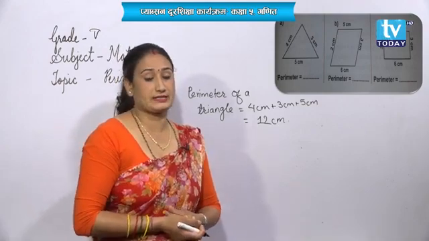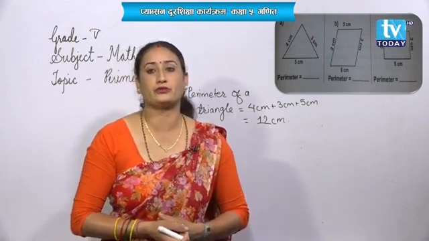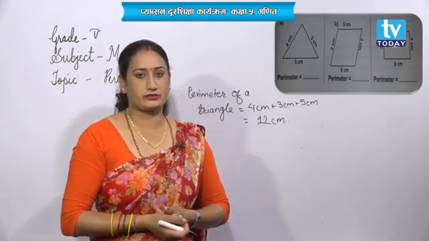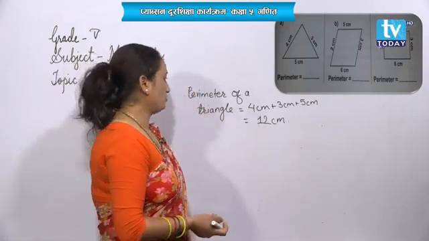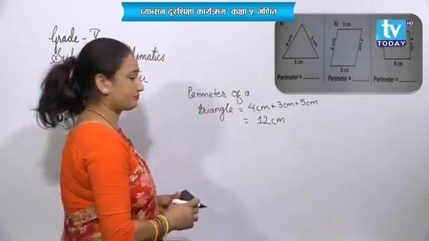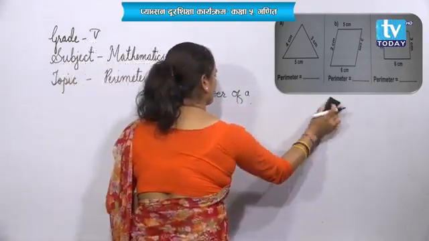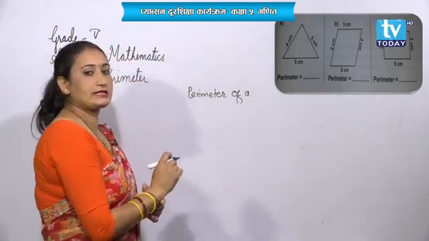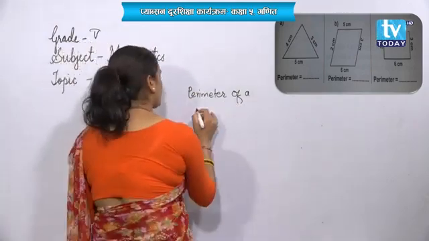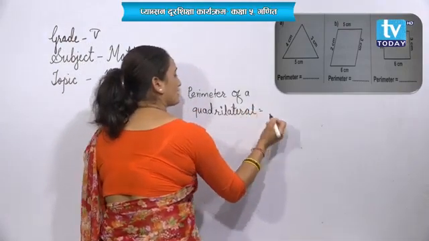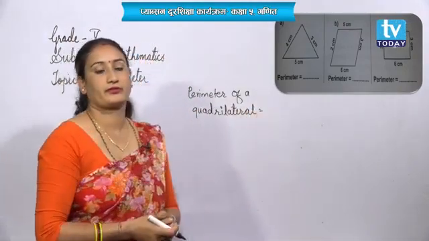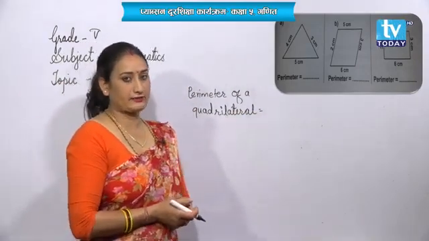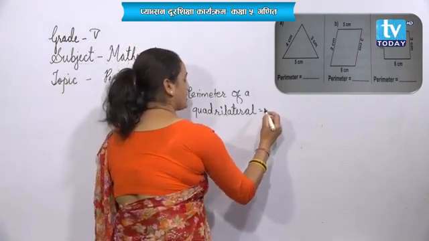Now, the next picture is there. Have a look at the next picture. Which picture is there? It's a quadrilateral. Very good. So, you can write it: perimeter of a quadrilateral. How many sides are there in a quadrilateral? 4 sides. So, first side, the length of that first side is 5 cm.